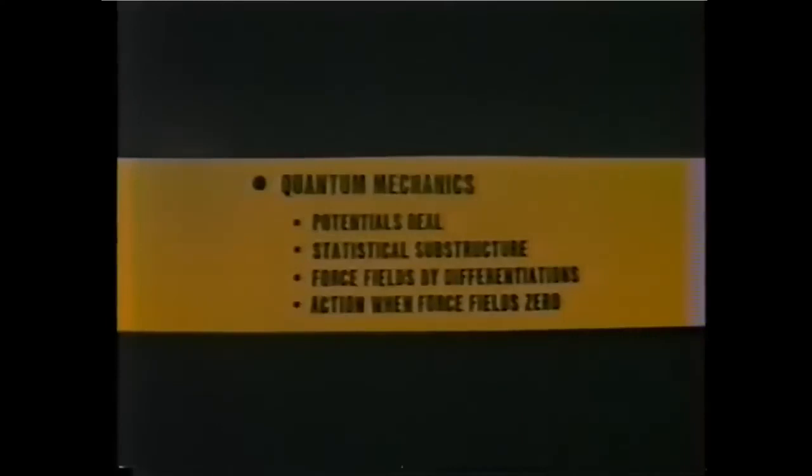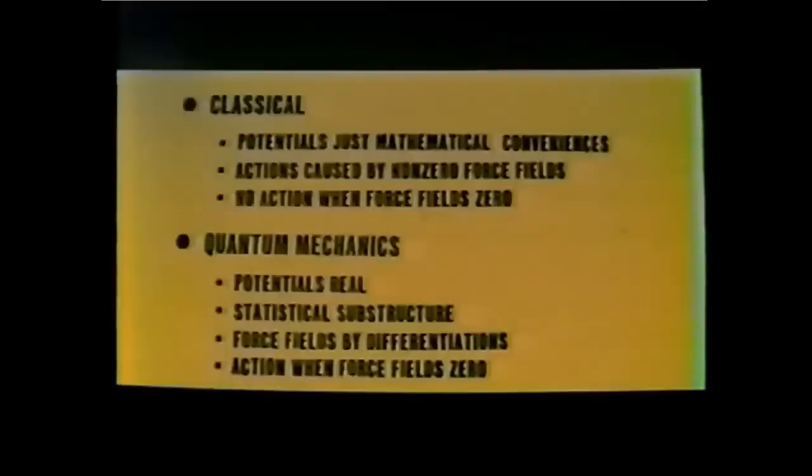The second kind of electromagnetics came from quantum mechanics, and it's exactly opposed. The primary and real things are the potentials, and the force fields, so-called, are totally derived by differentiating operations. So you see a flip-flop of 180 degrees about how the two approaches regard electromagnetics.